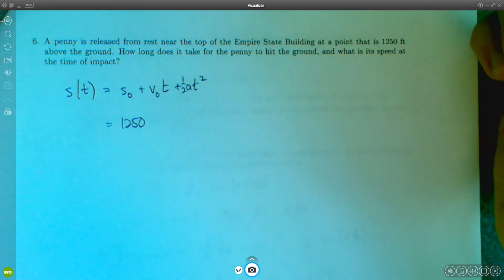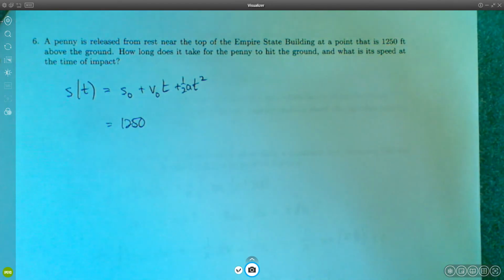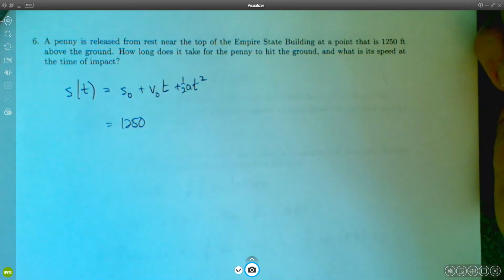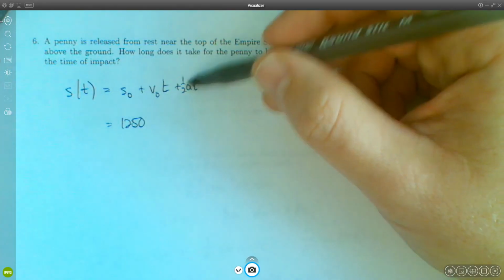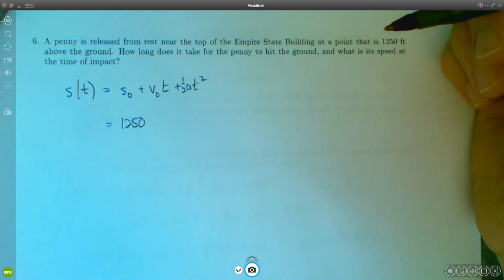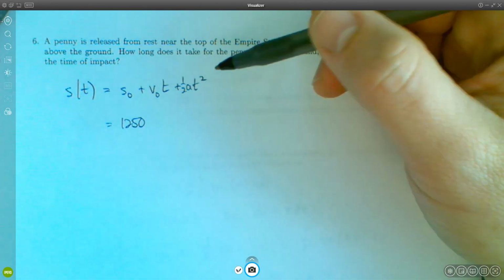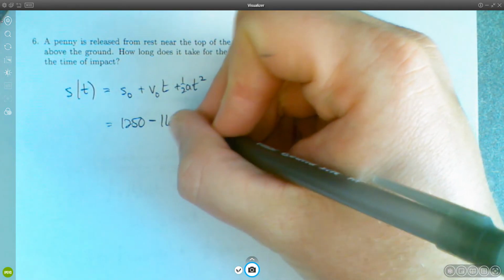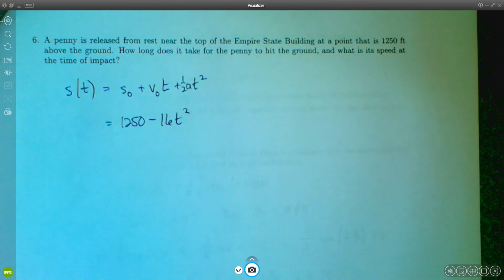So right at the instant that it's released, its velocity is 0. Its acceleration, on the other hand, so again we're working with feet, is negative 32 feet per second squared. 1/2 times that would be negative 16, right? So this is negative 16 t squared. That's its position. We want to know when that equals 0.